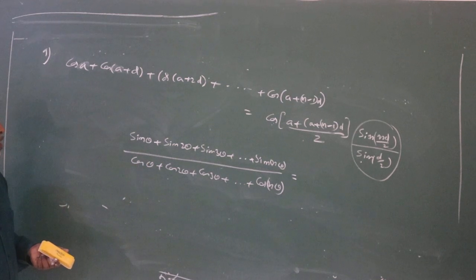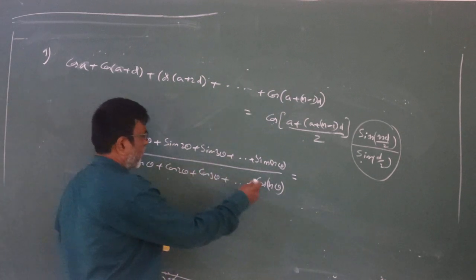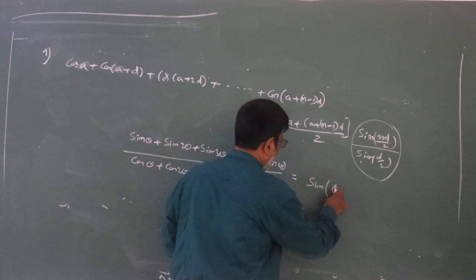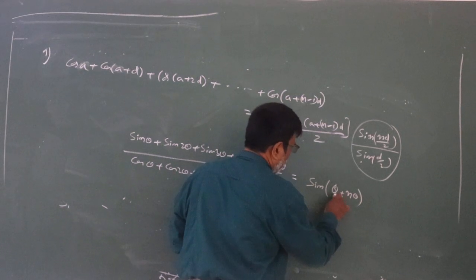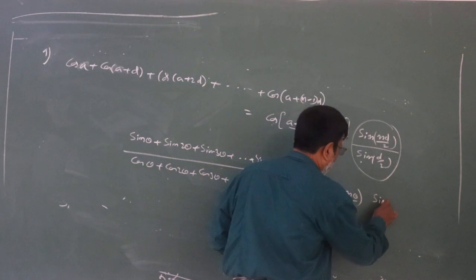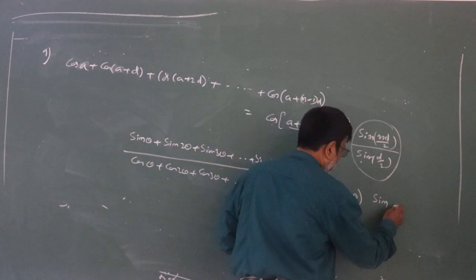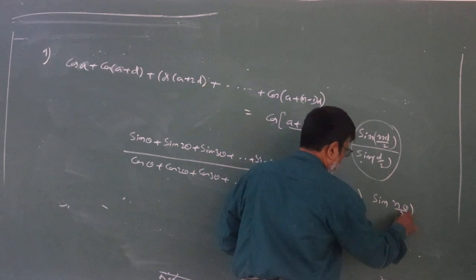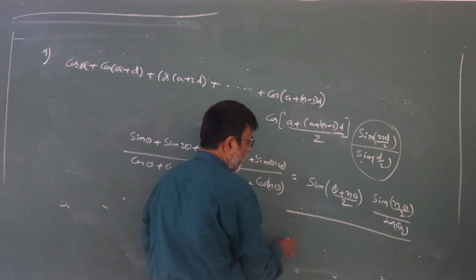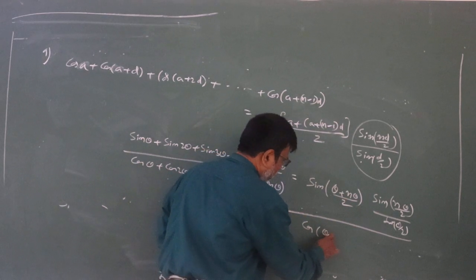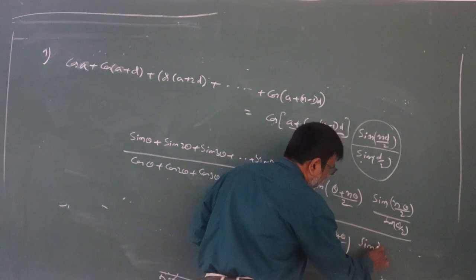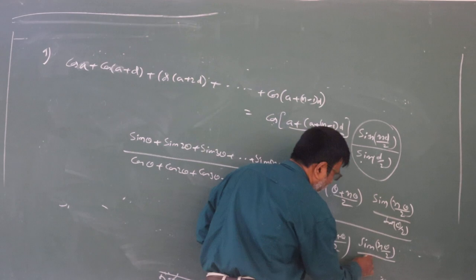According to the shortcut, the numerator is sine of (first term plus last term) by 2, that is theta plus n theta by 2, into sine of n theta by 2 by sine of theta by 2, since d is theta. The denominator is cos of (theta plus n theta) by 2 into sine n theta by 2 by sine theta by 2.